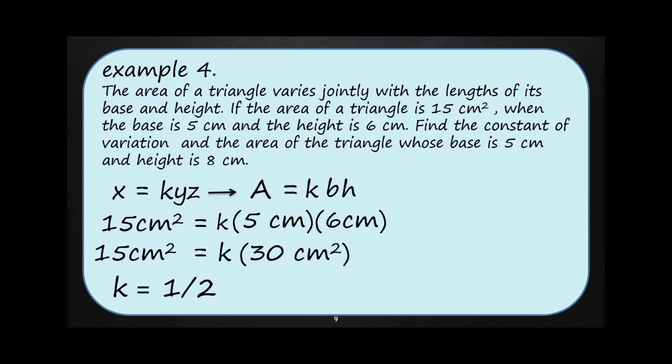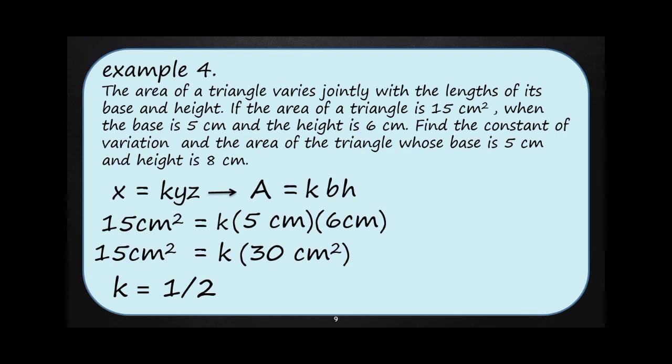So ang gagawin na lang natin is to find the area of the triangle whose base is 5 centimeters and the height is 8 centimeters. So again, we are going to use A is equal to K multiplied by BH to find the area of the triangle.